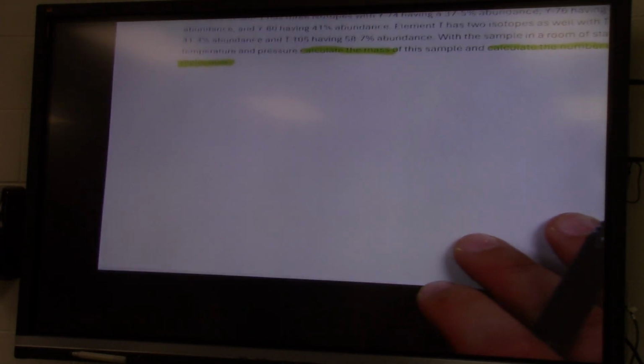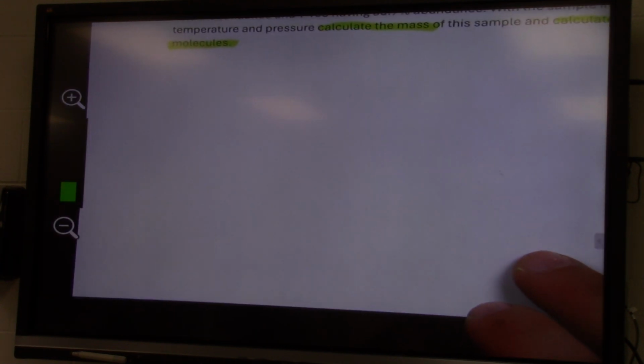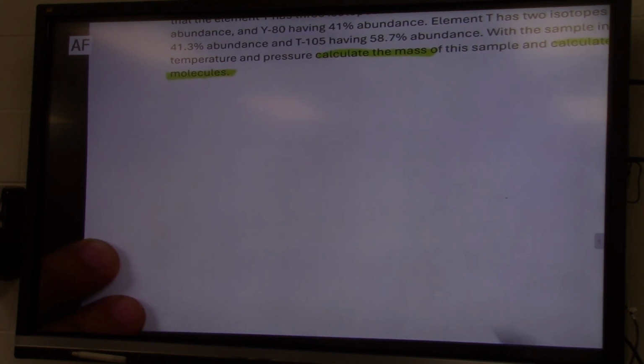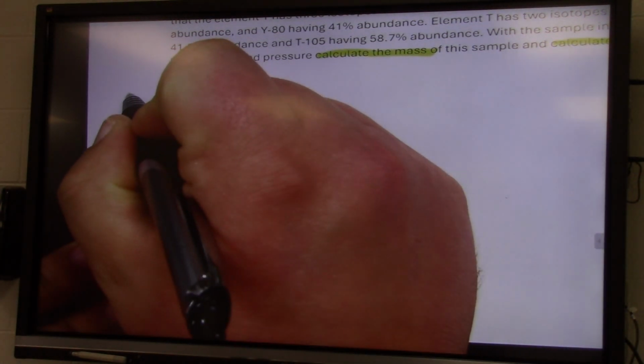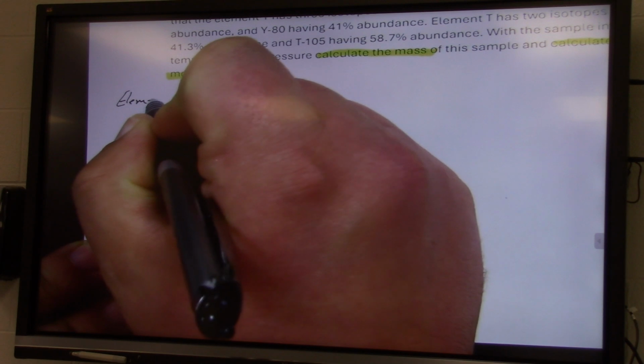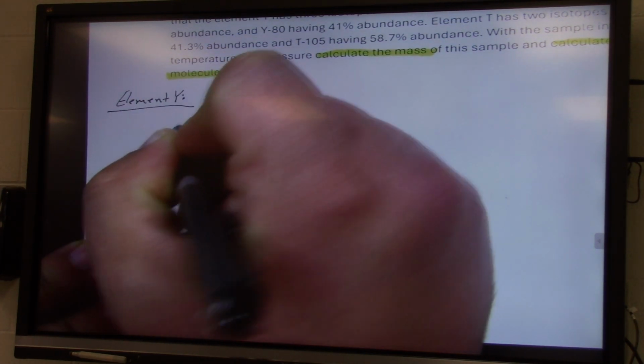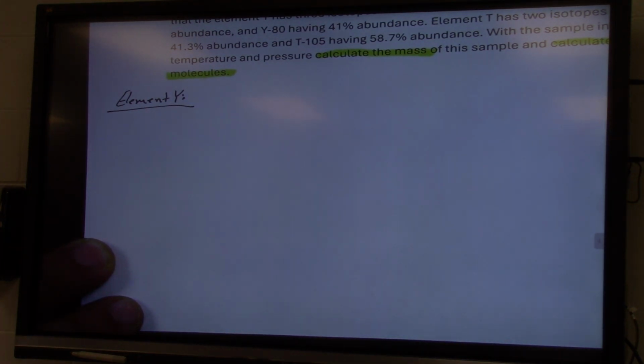So here's what we're going to look at. Calculate this average atomic mass. So for element Y, hopefully you can see where I'm jumping at.